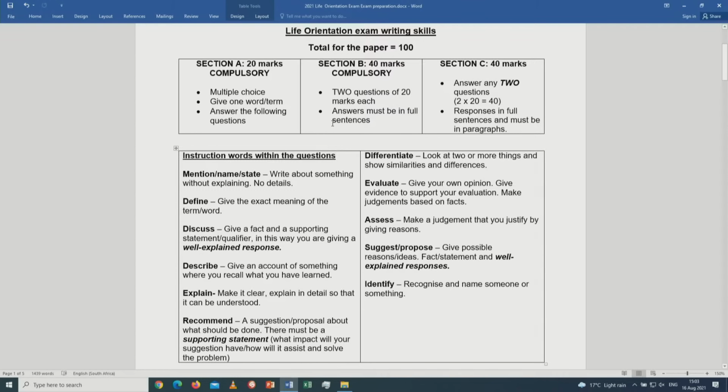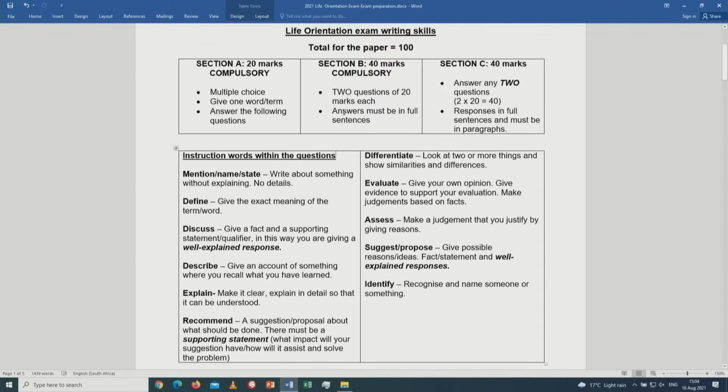And usually the instruction would be: answer the following questions, and then the questions would follow. However, in some cases there might also be cartoons that are used, but all of those will be short type of questions.